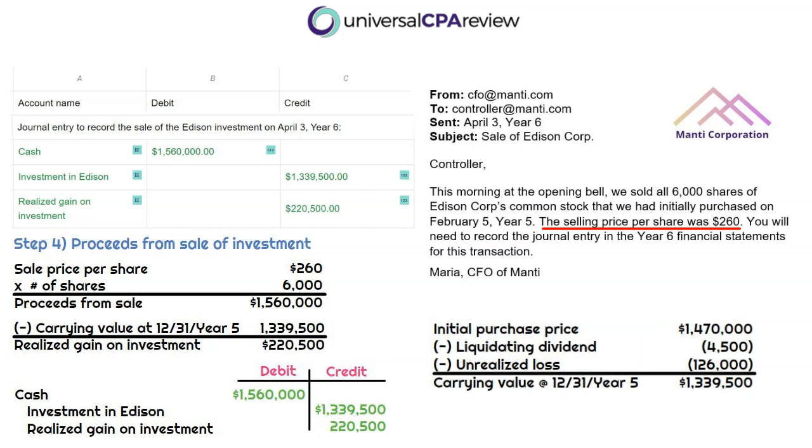We had to do the journal entry to account for any changes in fair value, and then we ultimately sold the stock. So we've covered all the journal entries that they could ask you about when it comes to equity securities that are accounted for under the fair value or cost method. So hopefully you understood all of that, but if not, go back, review the video, and you'll be set on this topic.